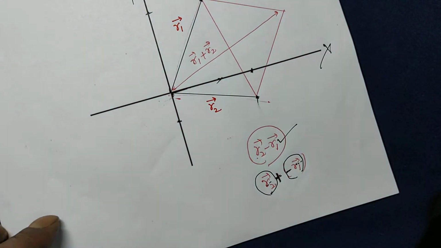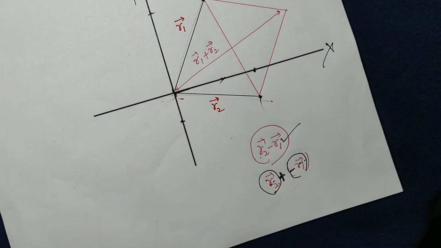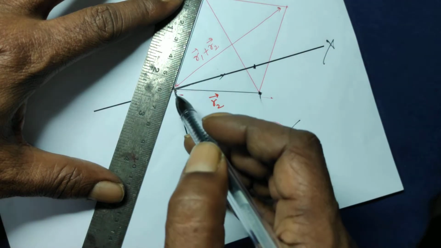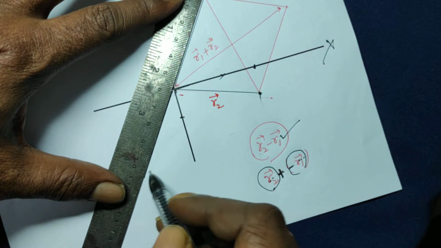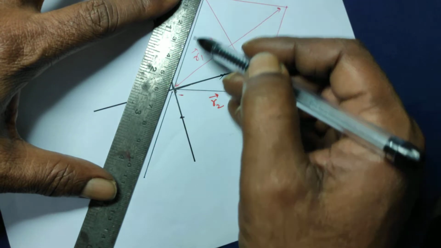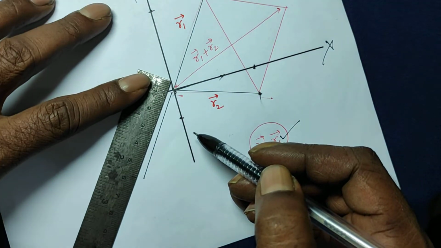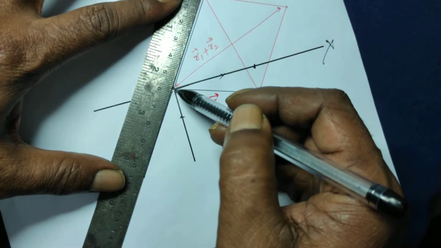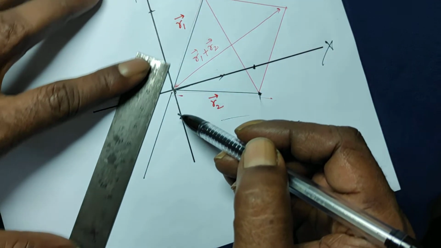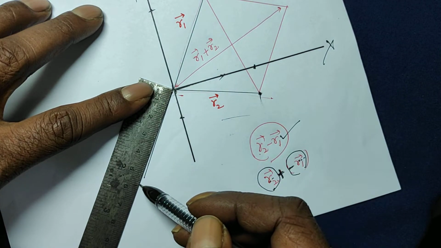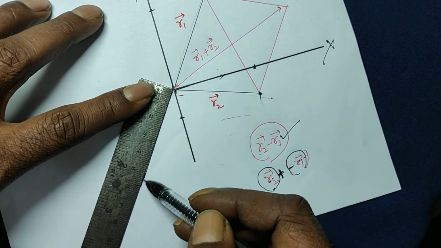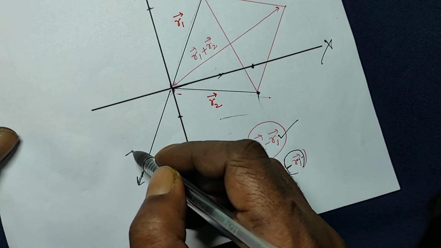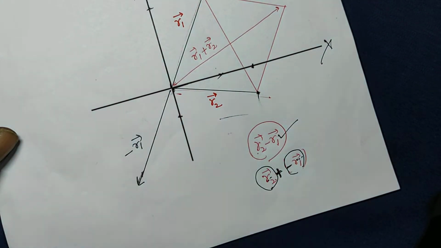If this is R1, your minus R1 will be just opposite to that. I have to take the same length from here to here, so it will extend up to this side. Now this vector is your minus of R1.